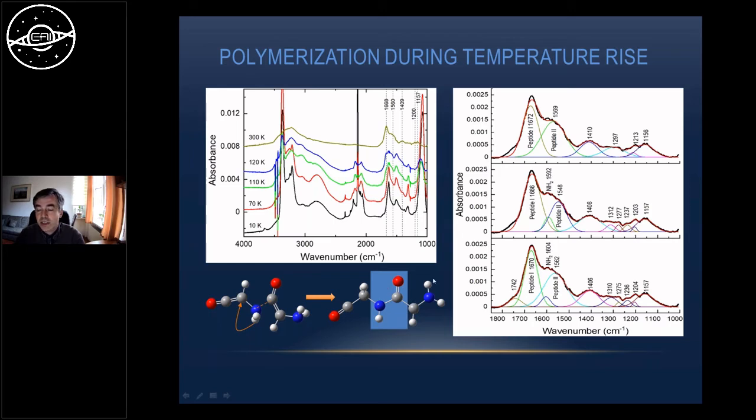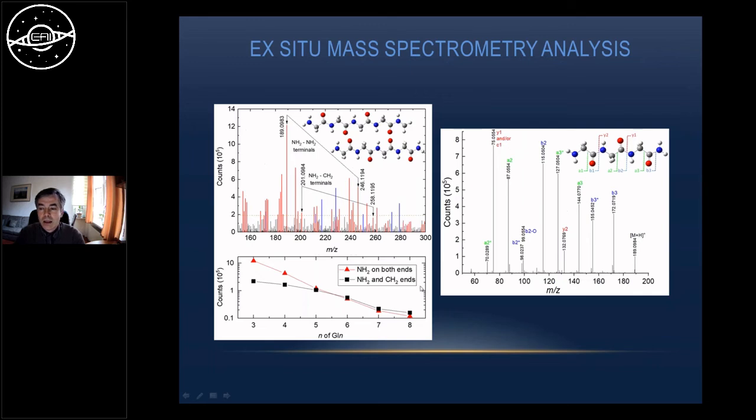But of course, at this stage, we don't know what kind of material is produced. So, to know more about the produced material, we extracted the substrate from our ultra-high vacuum chamber and recorded its infrared spectra. We saw that the material was not affected by exposure to air, and consequently we can do further analysis.